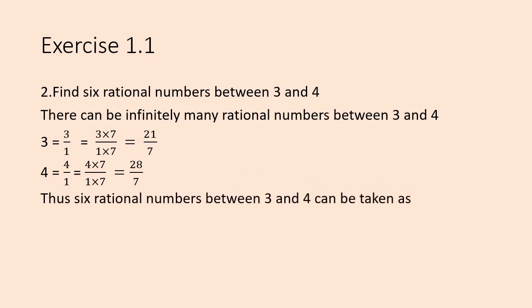Thus, the 6 rational numbers between 3 and 4 can be taken as 22 upon 7, 23 upon 7, 24 upon 7, 25 upon 7, 26 upon 7, and 27 upon 7. These numbers lie in between 21 upon 7 and 28 upon 7. You are not supposed to include 21 upon 7 and 28 upon 7 because you have to write the rational numbers between these two numbers.